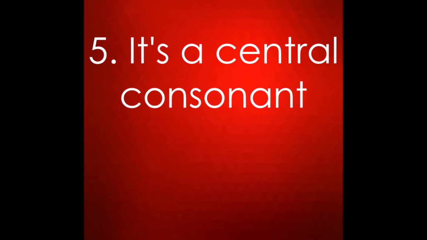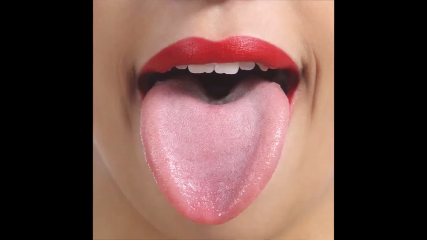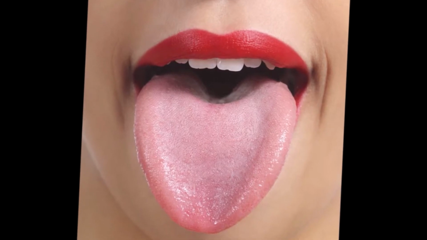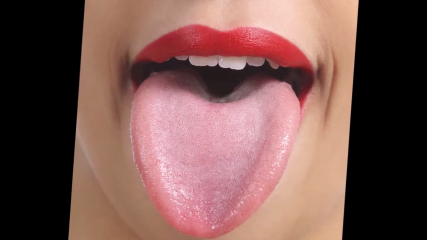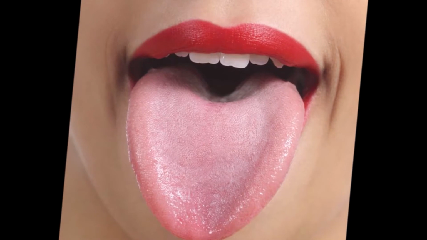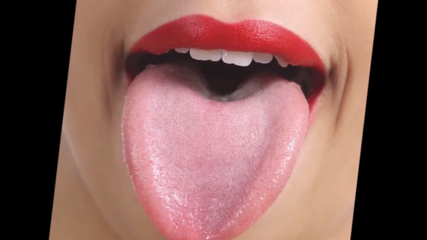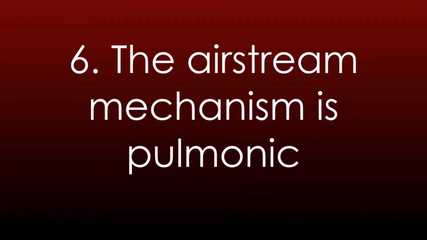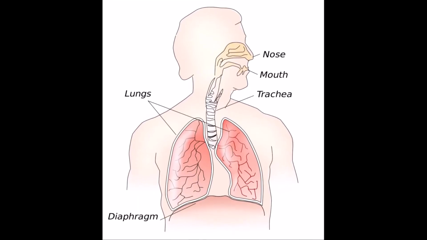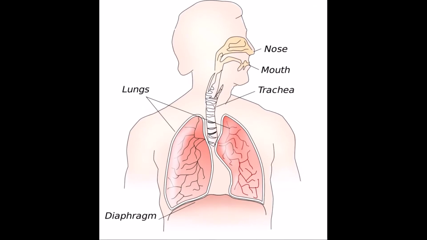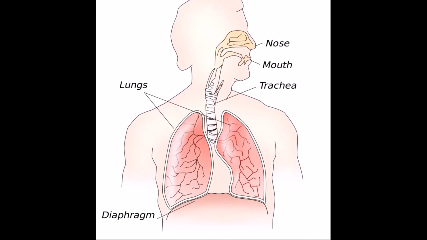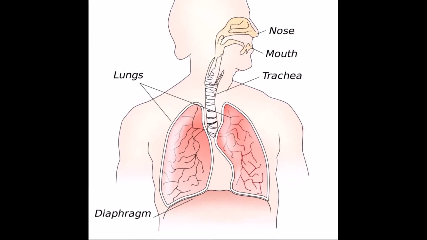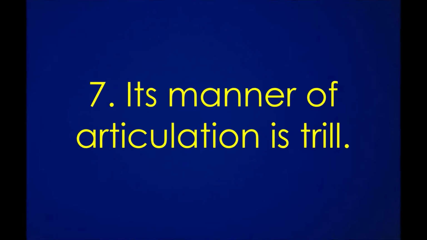5. It's a central consonant, which means we produce it by directing the airstream along the center of the tongue rather than to the sides. 6. The airstream mechanism is pulmonic, which means we articulate it by pushing air solely with the lungs and diaphragm, as in most sounds. 7.